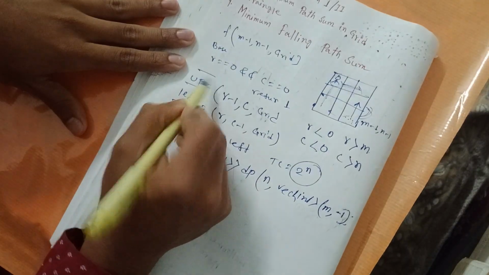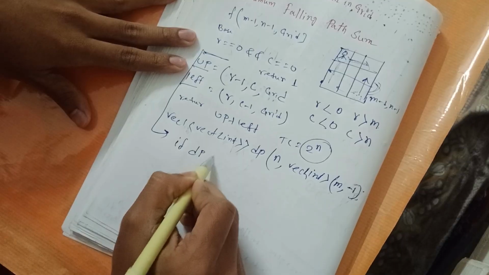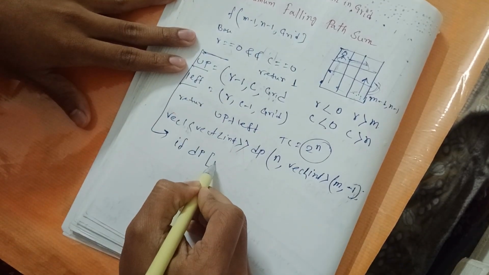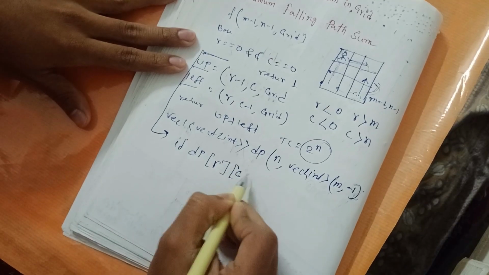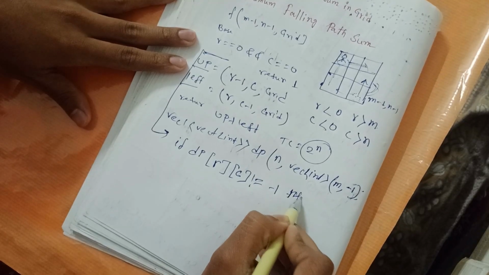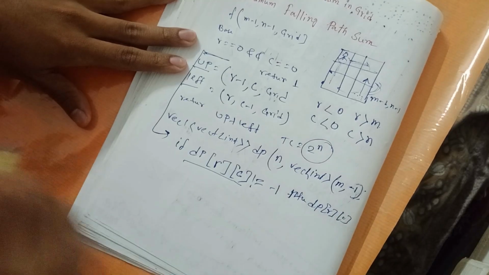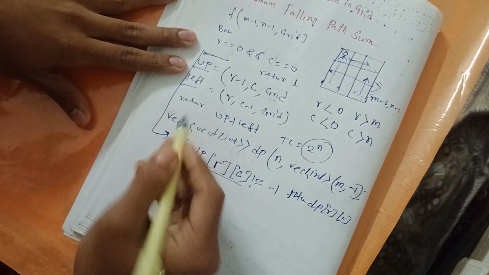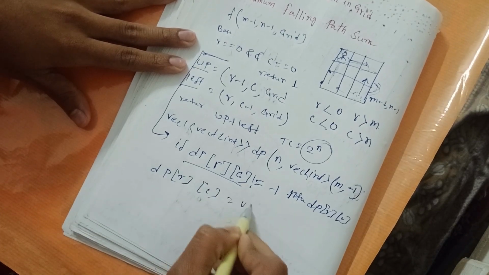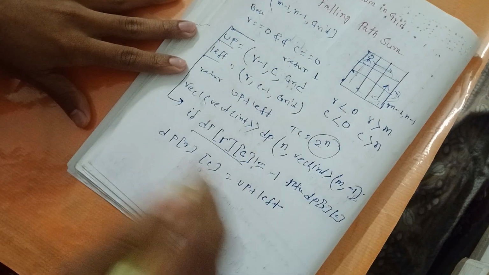And when the function is called, write that if dp of r, c is not equal to -1, then return this value dp[r][c]. Then make the function call, and last, dp[r][c] equals up plus left. Okay, so this is my memoization.